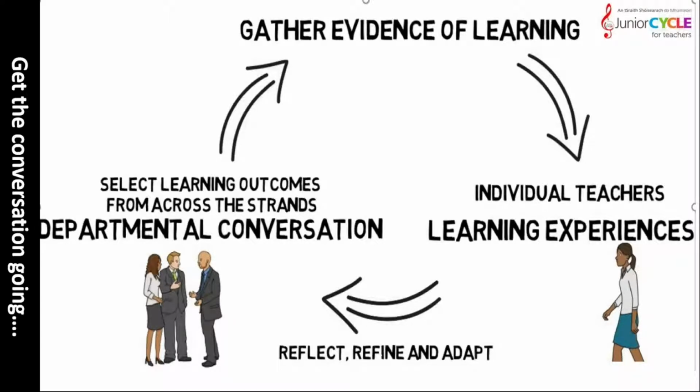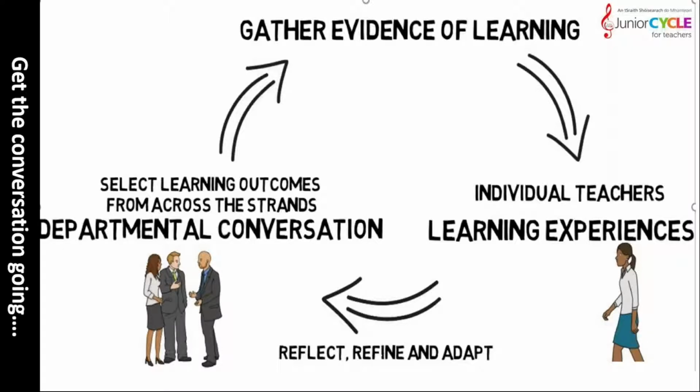Having agreed as a department the key learning and key check-ins, the learning experiences can be discussed at department level if you wish, or the individual teacher can decide on the activities or learning experiences that will best meet his or her students' needs.